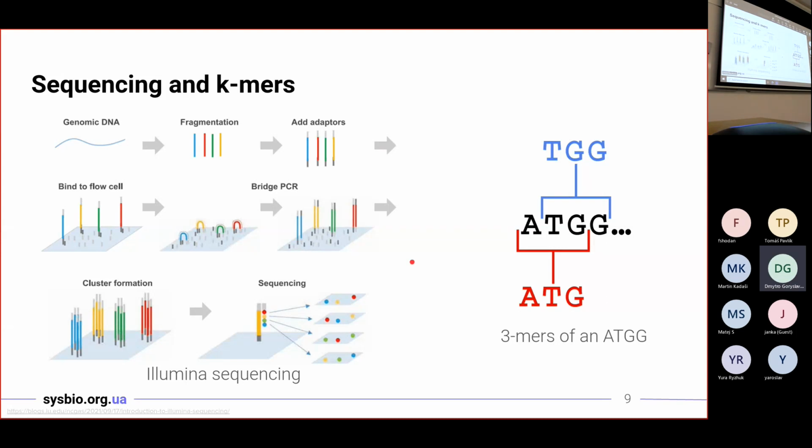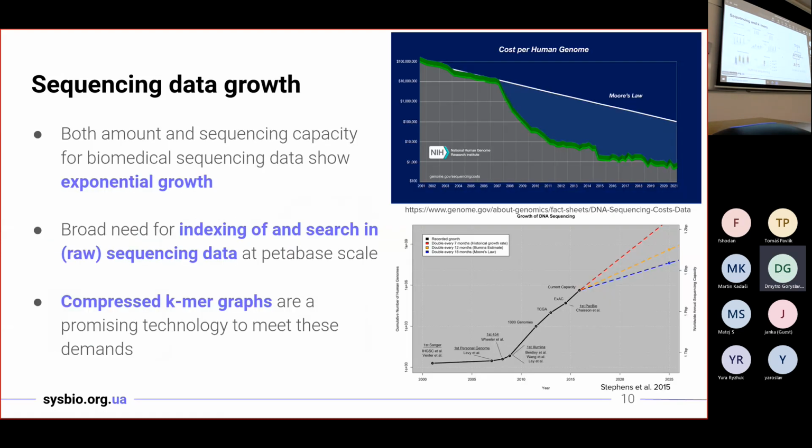Also, as the sequencing cost decreases, the amount and capacity of sequencing data shows exponential growth. This creates a need for indexing and searching this sequencing data at a peta-scale, where peta means 10 to the power of 15.